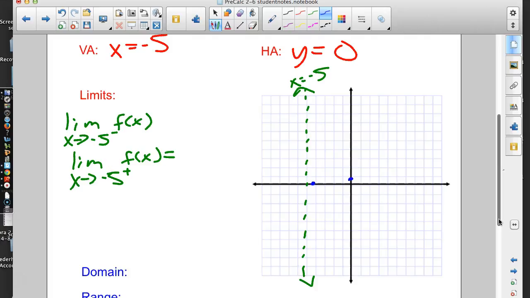So there's our -5. -6, -9, -7, -3.5, -8, -2.1. Oh, I could put my horizontal asymptote on there.